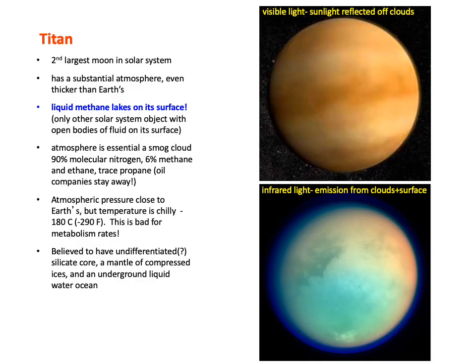Welcome to Titan. Titan is, as you can see in the bolded list, the second largest moon in the solar system. It has a very substantial atmosphere. It's even thicker than Earth's atmosphere. And of course, we've been boasting about the excitement of the methane lakes that exist on its surface.